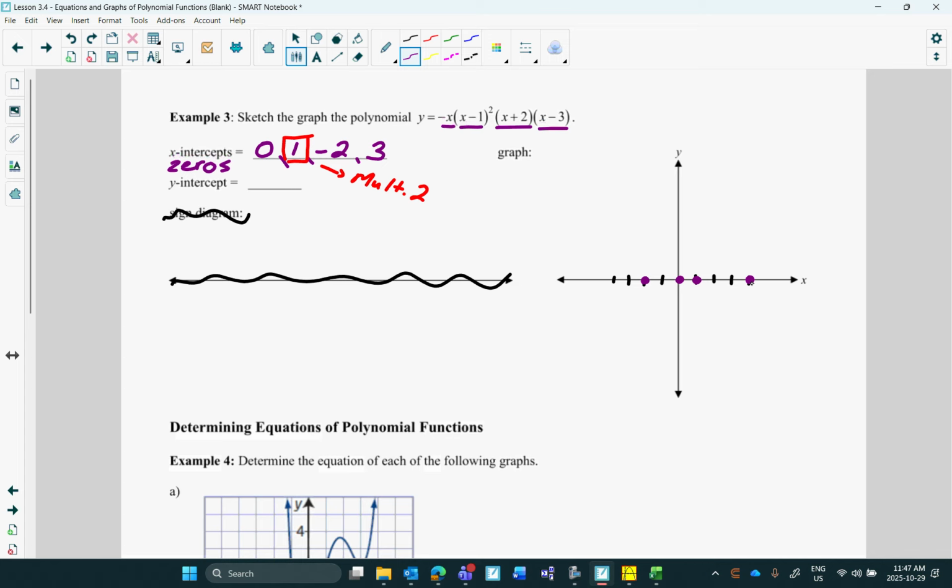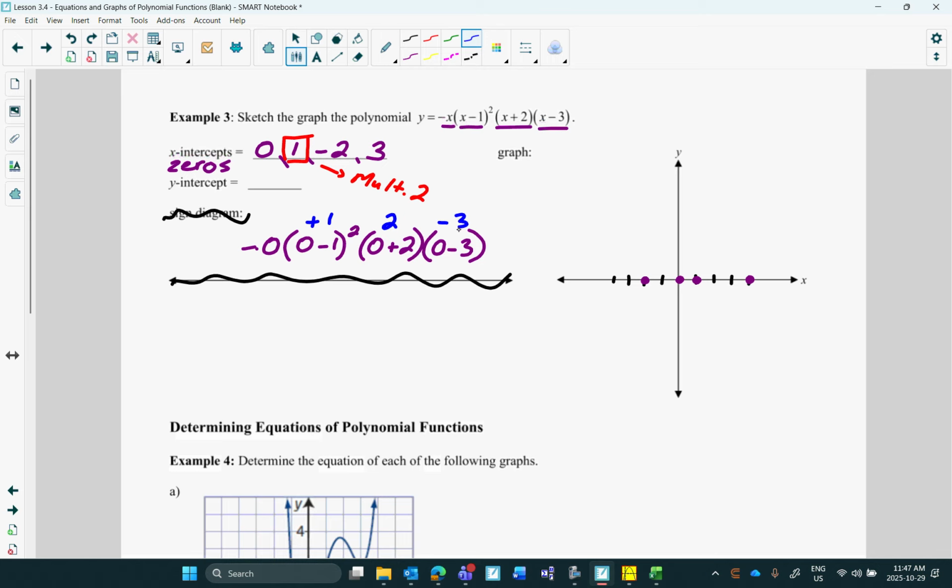I need another point that it goes through as well, the y-intercept. So how do I find the y-intercept? I gotta go -0 times 0 minus 1 squared times 0 plus 2 times 0 minus 3. Well, 0 minus 1 all squared is +1. This is 2.